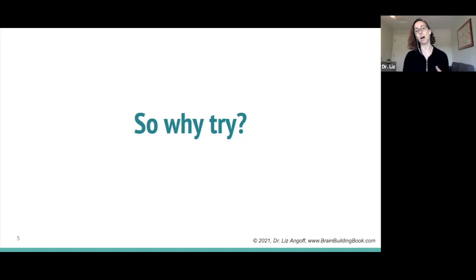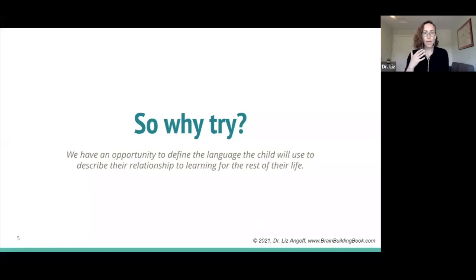And it's often not a helpful one. And so I realized that through this assessment process, we have this opportunity to define the language that a child will use to describe their relationship to learning for the rest of their life. These conversations are not optional. We have to start them early.